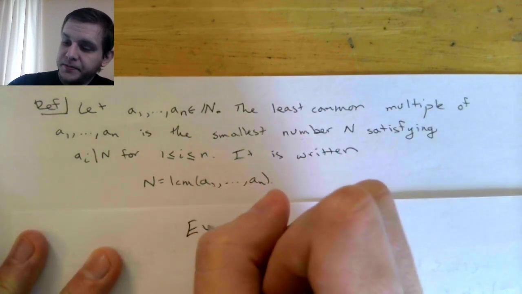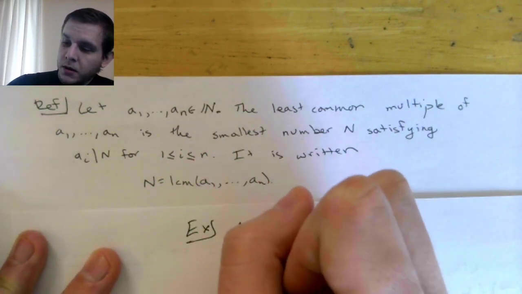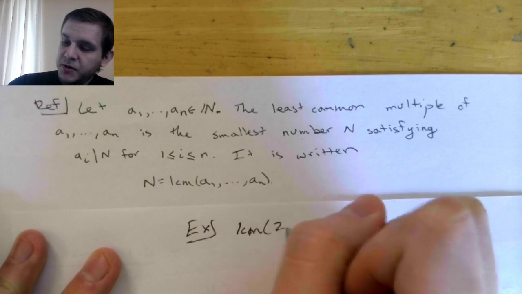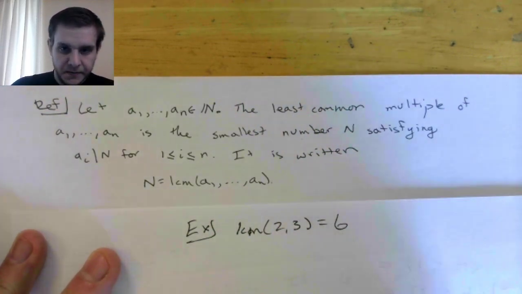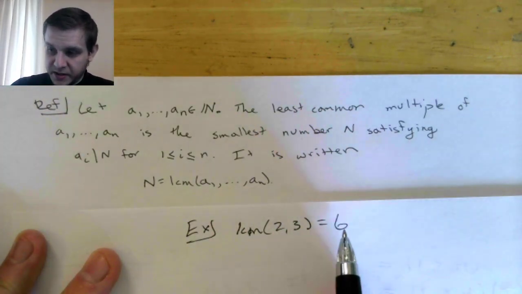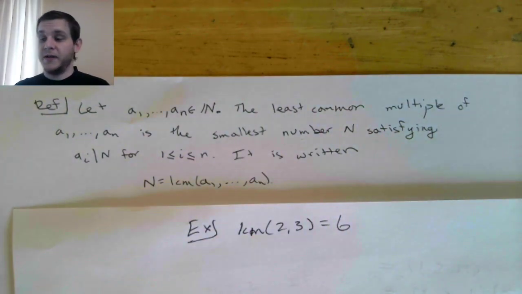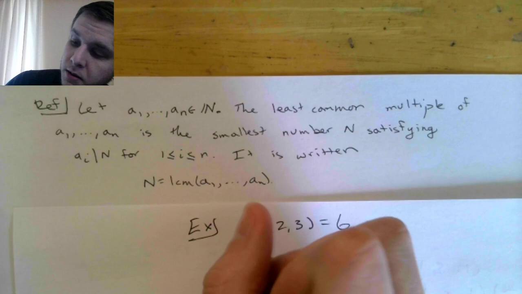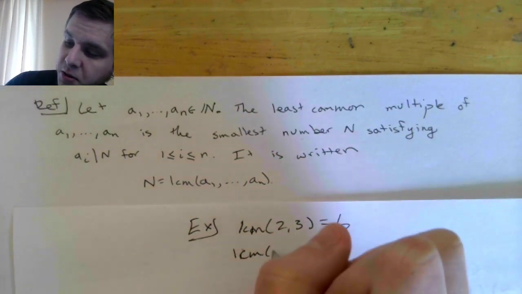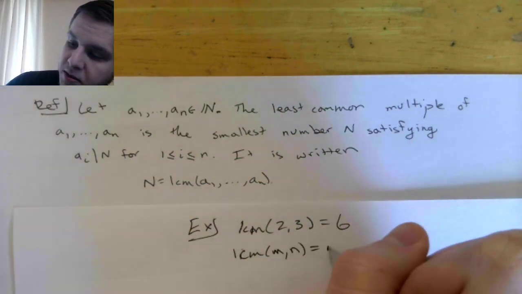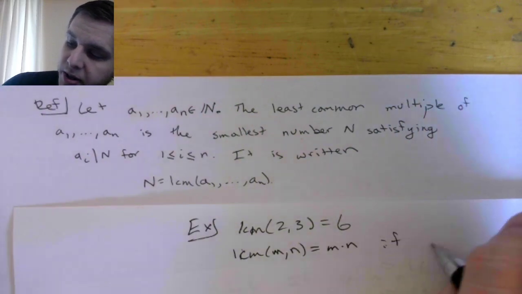So for example, the least common multiple of 2 and 3 is 6. Right? Because 2 divides 6, 3 divides 6, and there's no smaller number that they both divide. And in fact, the least common multiple of two numbers is just their product if m and n are coprime.